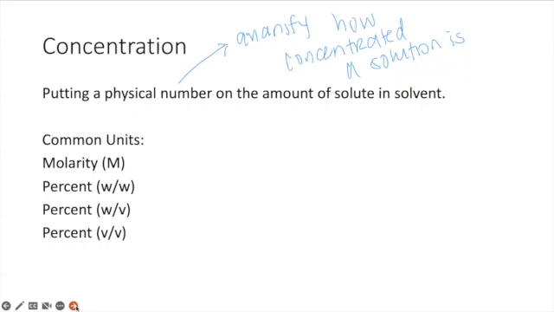So some common units are molarity, percent weight, commonly abbreviated W/W, but this stands for weight. Percent weight volume, commonly abbreviated W/V.